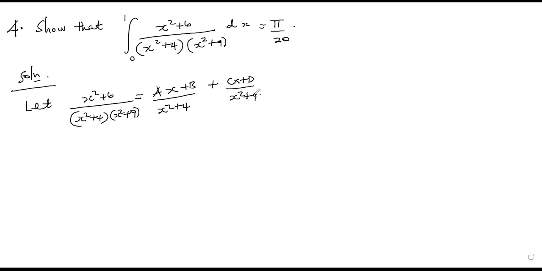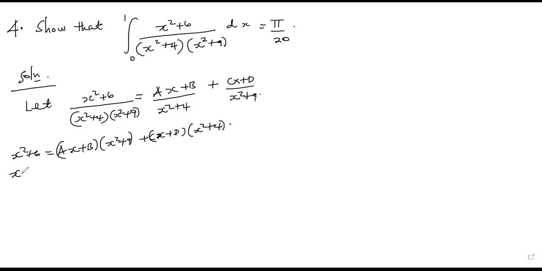So this is going to be equal to x squared plus 6 is equals to ax plus b into x squared plus 9, then plus cx plus d into x squared plus 4.